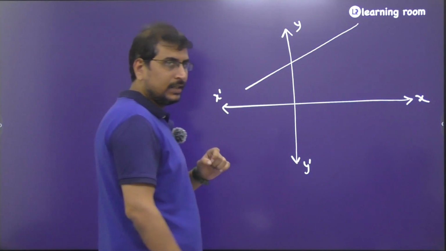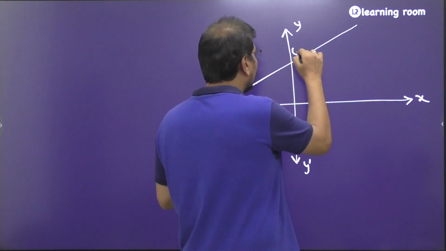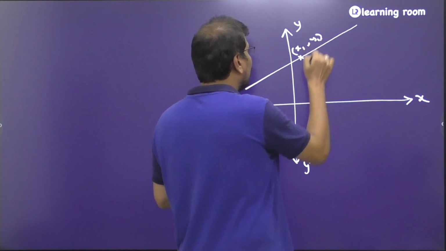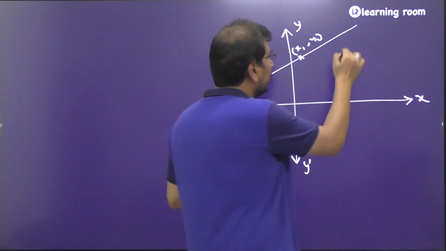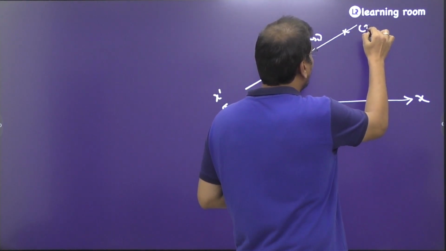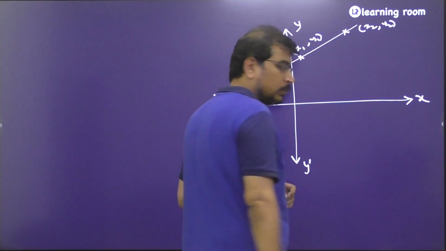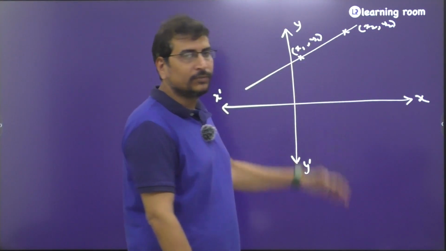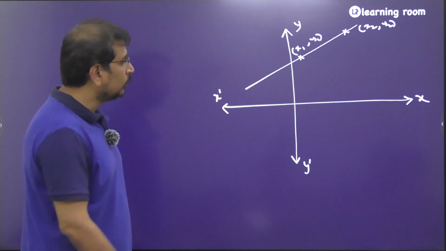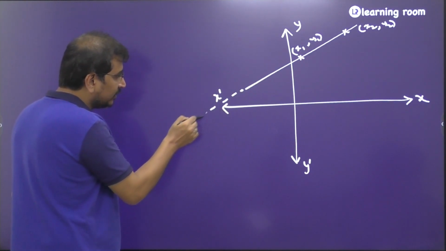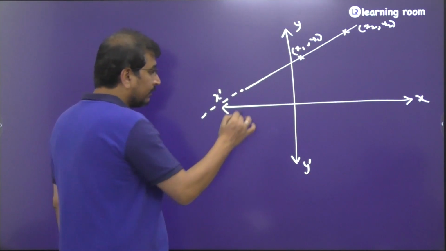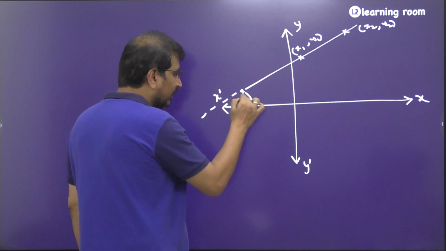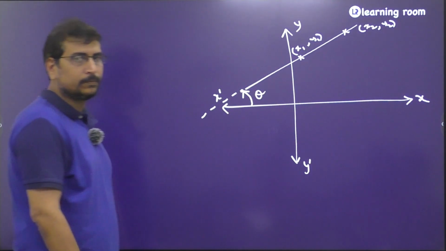On this line, I will take 2 points. Let me call one x1, y1, and the other point x2, y2. Now my job is to define the slope of this line. For that, I will extend it like this, then see what angle it makes with respect to the horizontal.